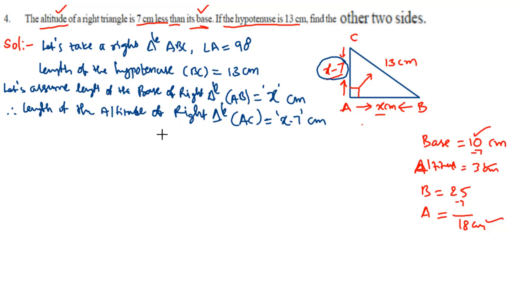Now we have the length of the hypotenuse, given as 13 centimeters, and by our assumption the length of the base is x centimeters and the length of the altitude is x minus 7 centimeters. Now using these three lengths, can we find the altitude and base of this right triangle?